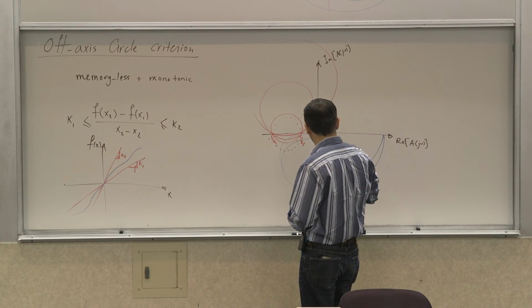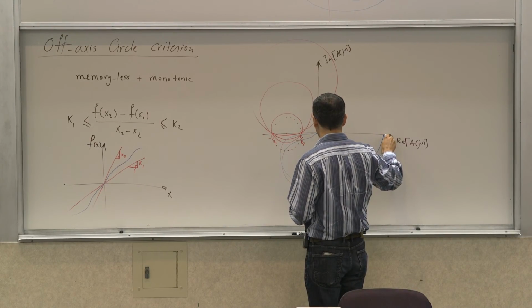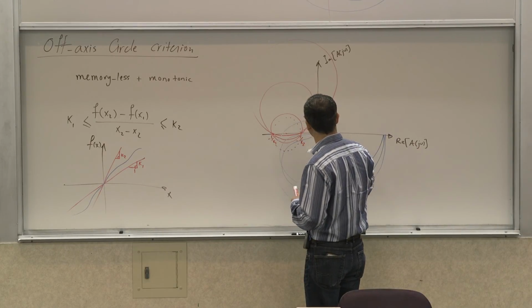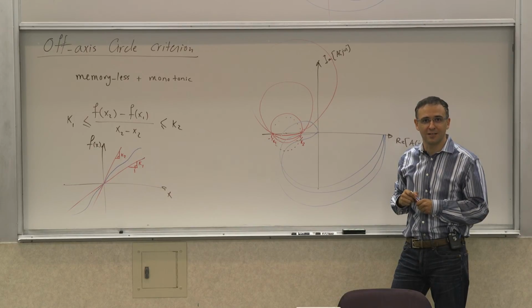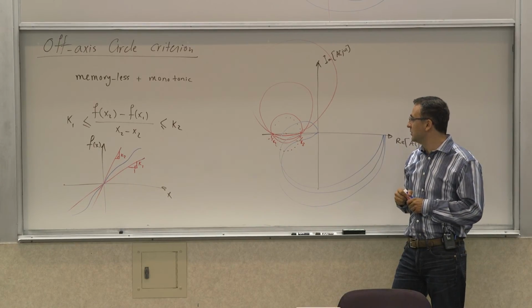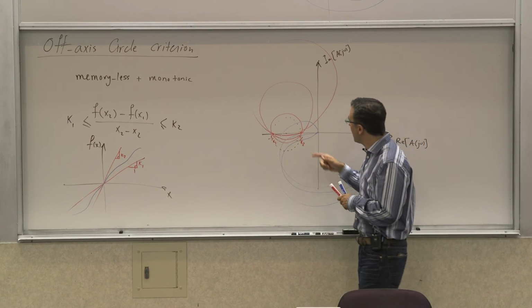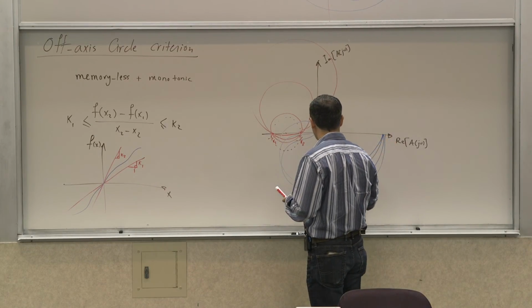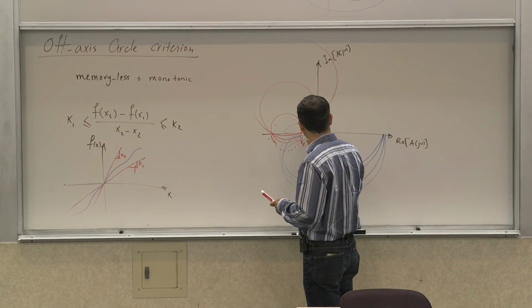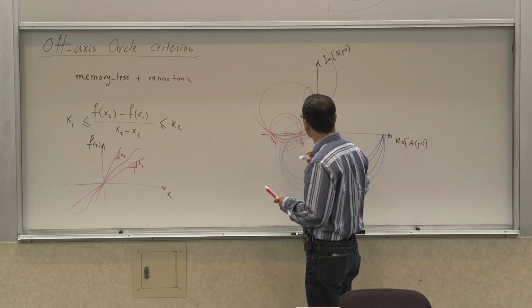Now, there are certain cases where I can't do that. One obvious example is basically if I go in between them, right? Then there's no circle that I can find that this will avoid. Or if I make up some strange looking things that come through here, they won't go in between, but they do something really crazy here.